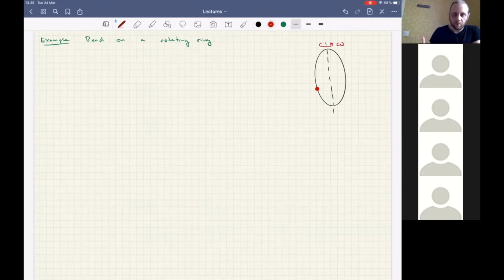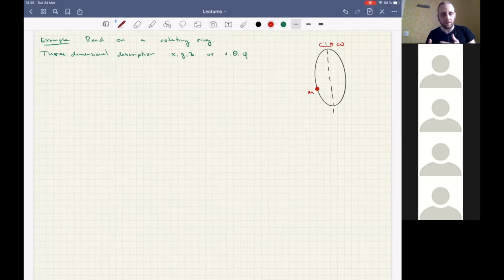Now, a priori, if this bead has mass m, I could describe the bead's position using Cartesian coordinates, for example. That's 3 coordinates: x, y, and z. Or we could also use spherical coordinates: r, theta, and phi.